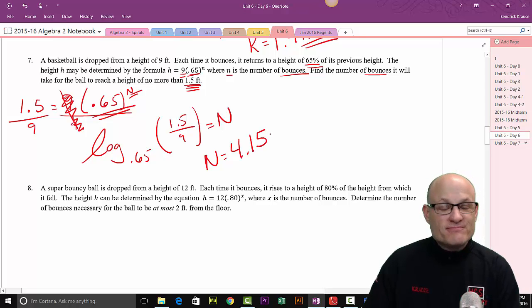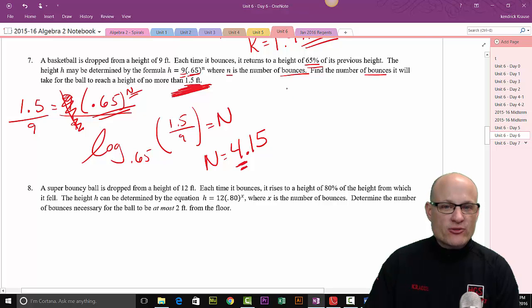So n equals 4.15. Now, this is going to be a tricky question. The question says, find the number of bounces it will take for the ball to reach a height of no more than 1.5 feet. So on its fourth bounce, it wasn't quite enough to be under the 1.5.